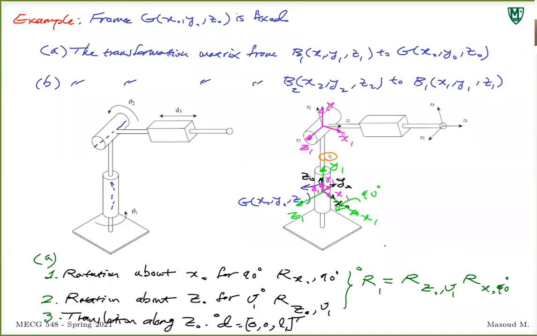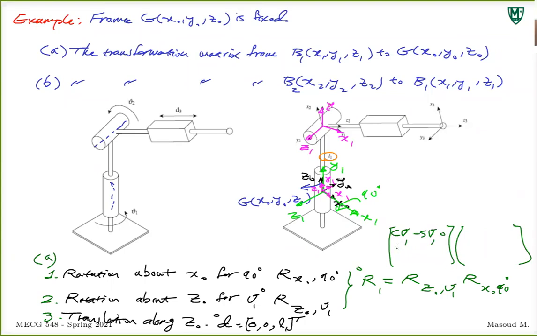These matrices, I try to just fit it here so you actually see everything in the same place. R Z0 V1 is a rotation about Z0 axis, global frame, V1 degrees. That would be cosine V1. Let me use C and S for cosine and sine. Cosine V1, minus sine V1, 0.